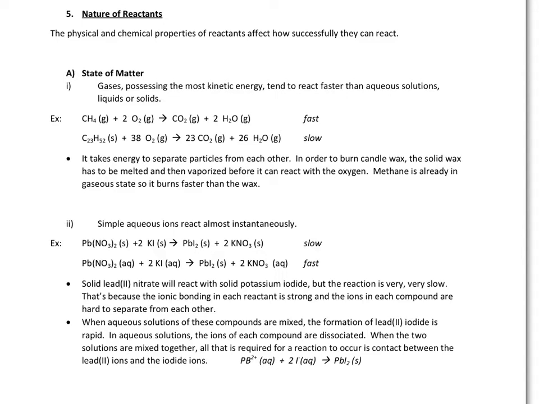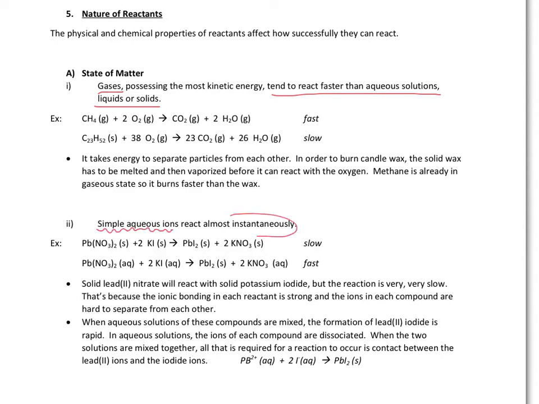The first nature of reactant that we're going to look at will be the state of matter. Is it a solid, a liquid, a gas, or an aqueous solution? The general rule is that gases, which possess the most kinetic energy, will react faster than aqueous solutions, liquids, or solids. The only exception to this rule is if we have a simple aqueous ion.